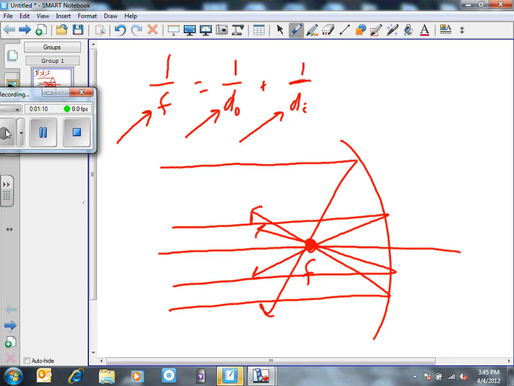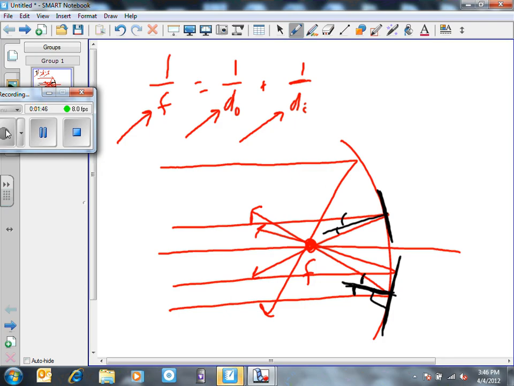The reason they are converging is that these rays follow the principal law of reflection: if you have a tangent to the curvature of the mirror and you get the perpendicular there, that's called the normal. And this angle is, by the principal law of reflection, the same as that angle. So that's what governs this idea.